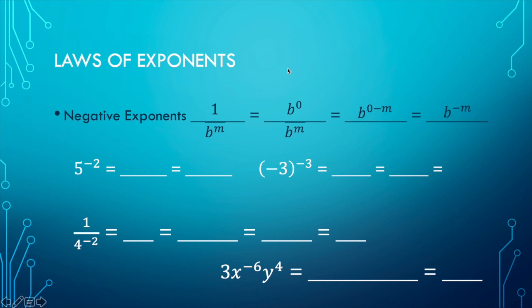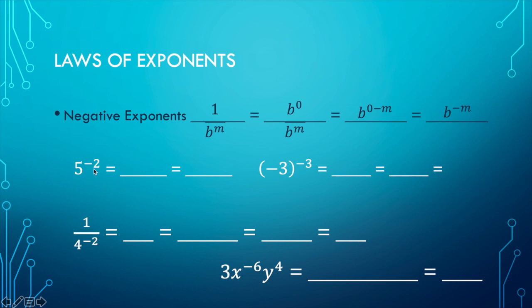Well, notice all of these are equivalent, and that means I can say that b to the negative m is the same as 1 over b to the positive m. Okay? So when I have a negative exponent, I can take that base, put it in the denominator, and make the exponent positive.